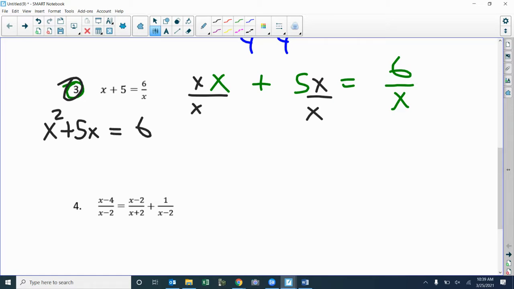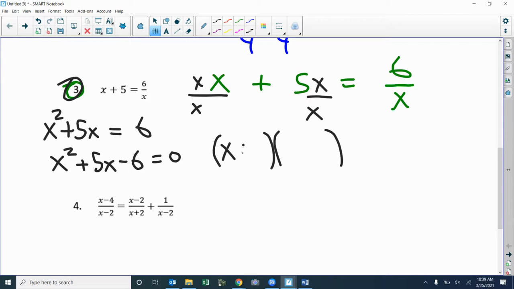Of course, those are all over x, but we're going to drop those. Bring the 6 over. Very similar to the previous one we had. We're going to get a quadratic here. We'll need to factor. Factors of 6 with a difference of 1. That would be (x plus 6) and (x minus 1) equal to 0.